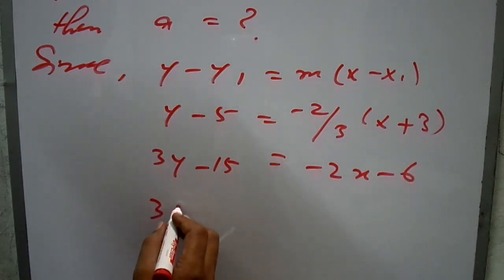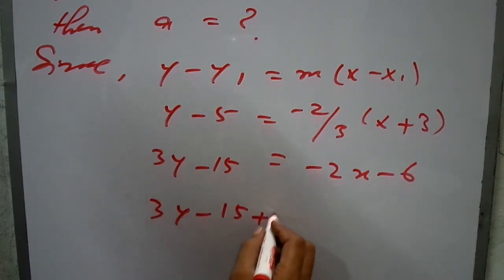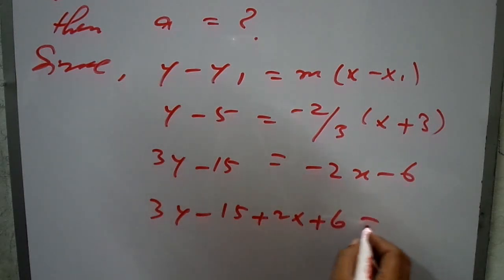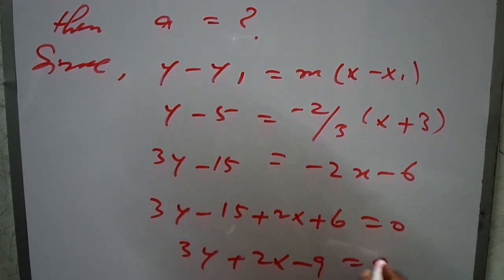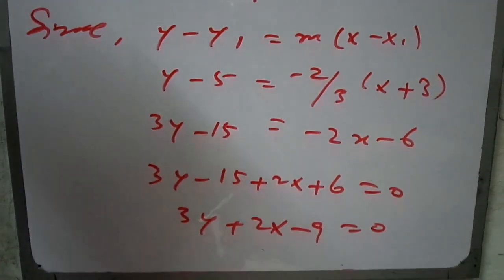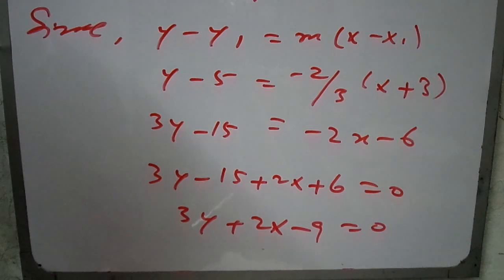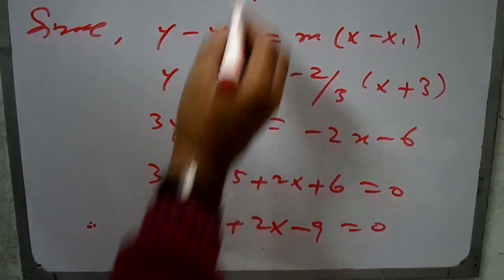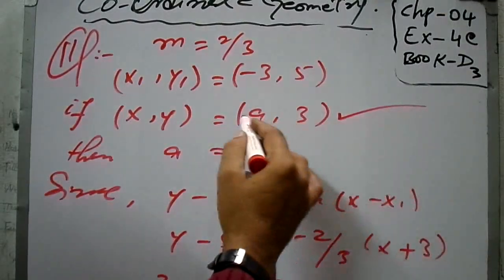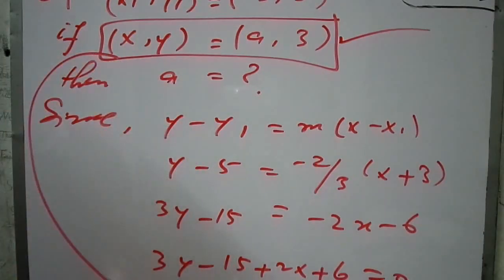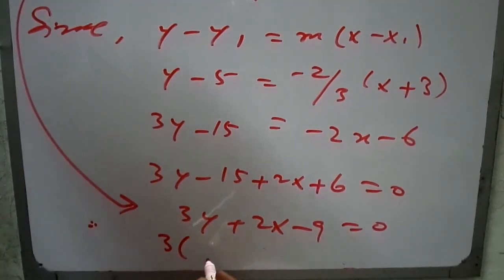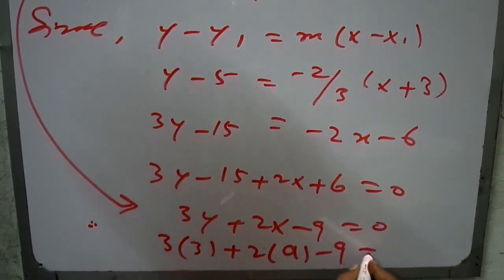So shift here, is equal to 0, so 3y is equal to 0. So therefore we have this. The value of y is given to us, so use this given condition here. So the value of y is 3 and the value of x is a, minus 9 is equal to 0.